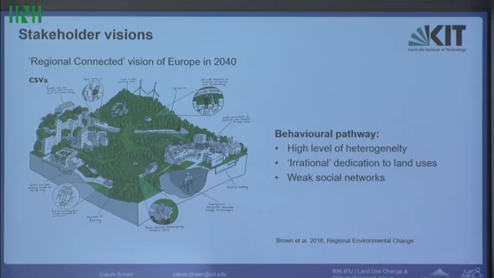We need that diversity of ecosystem services across the board. It also benefits from an irrational dedication to land uses so that external drivers don't prompt all land managers to abandon whatever they've been doing for the past several years and take up something new. And we also found that weak social networks were important here, again to maintain this spatial heterogeneity in ecosystem service provision.